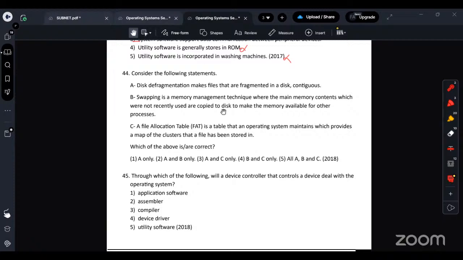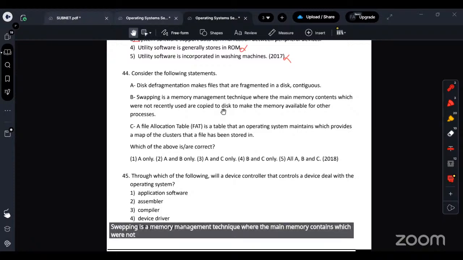Okay. So disk defragmentation makes files that are fragmented in a disk contiguous. Yes, it is correct. Defragmentation, what does it do? It reorganizes data so that the file parts are stored in contiguous sectors, improving read or write speed. So that is true. Swapping is a memory management technique where the main memory contents which were not recently used are copied to disk to make the memory available for other processes.